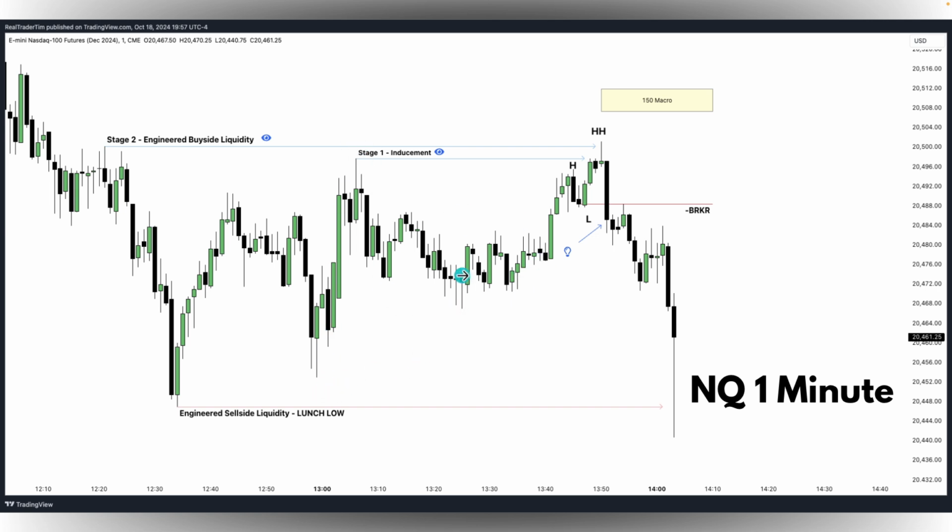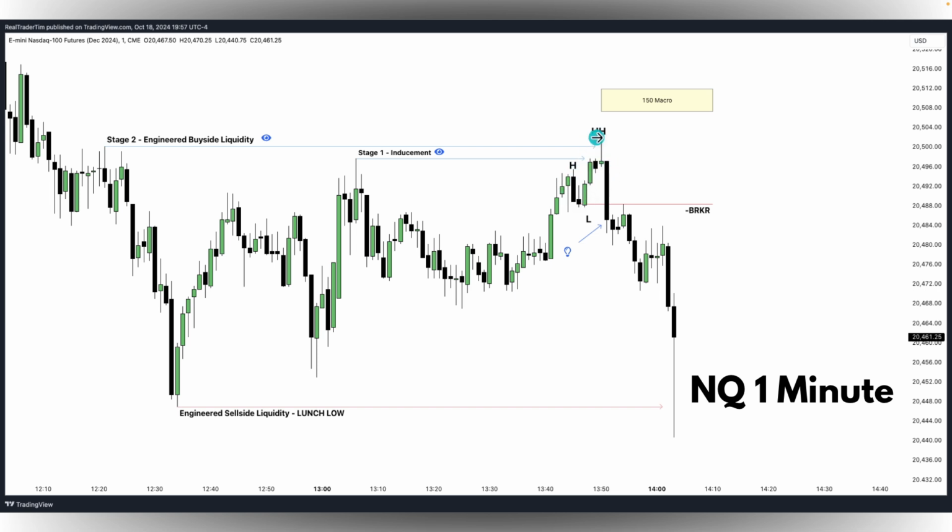All we are waiting for in situations like this is a purge of one side, and then see if we get a high probability PD array to target short. And in this case, this is how you can utilize high probability breakers for these types of scenarios. So on this move up, when we have our high, low, and higher high, we're going to purge both highs.